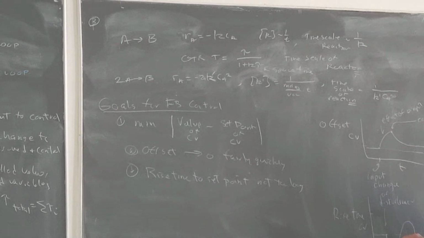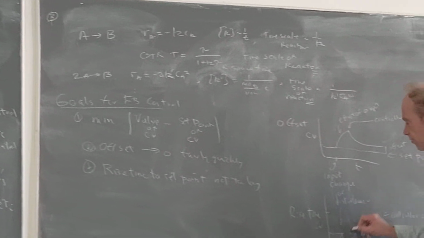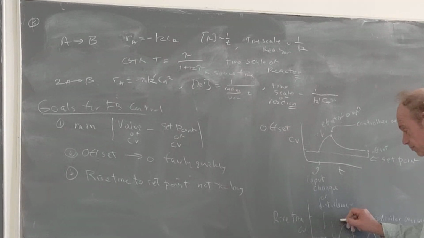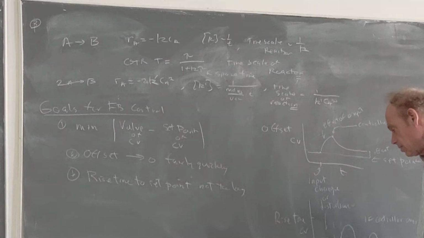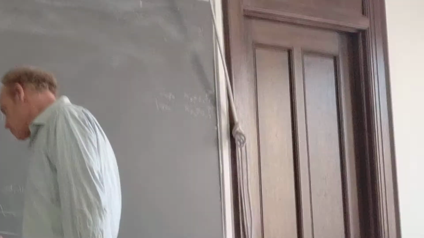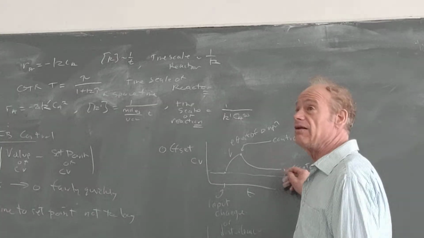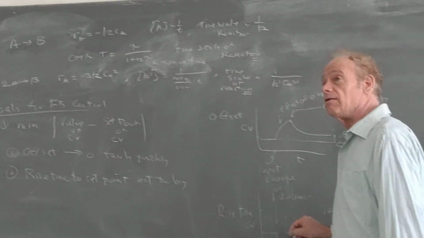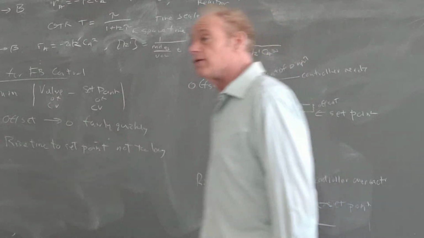The rise time is the time between when the controller came on and the first time it crossed the set point. This is called the rise time. It doesn't mean it stayed there. It could have overshot and gone down. Here the rise time is infinite. It never gets there. Here it's finite, but it's maybe too short because I overdo it.